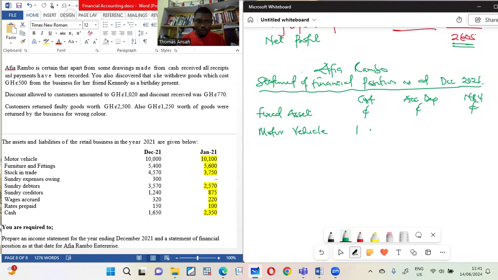And when we did the depreciation, it was 100. So at the end of the day, we have 10,000. Then we have F and F, furniture and fittings. So this one is 5,600 and depreciation of 200, making this side to be 5,400. So then what? 15,700, right? And here is 300.